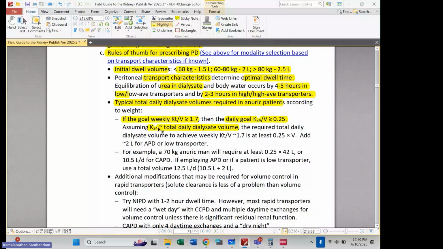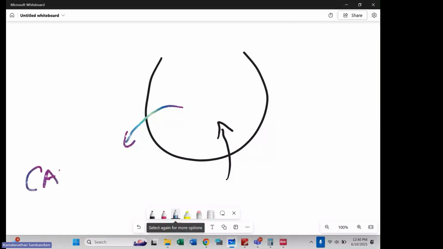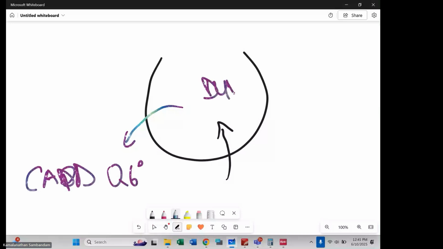So you can assume, remember I told you, if I had a patient on CAPD and they had equilibration of the dialysate urea concentration with the blood urea concentration after 4 or 5 hours, one can say that if I did a CAPD with Q 6-hour changes, 4 times a day, the DUN and BUN at the end of 6 hours is equal, right?